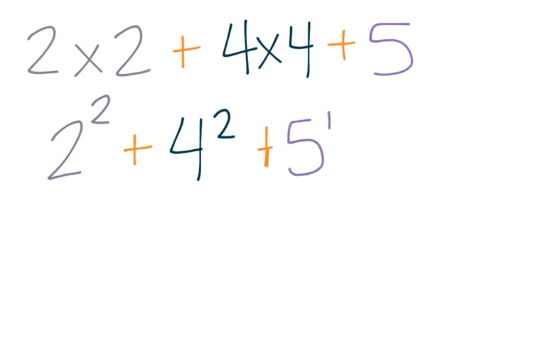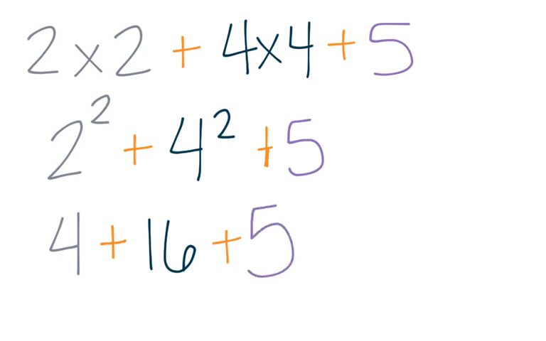Now you do not have to write the 1, you can just leave it as 5. 2 squared, or 2 to the power of 2, is 4. 2 times 2 is 4, plus 4 times 4 is 16, plus 5. 4 plus 16 is 20. 20 plus 5 is 25. So that's your answer for number 8.